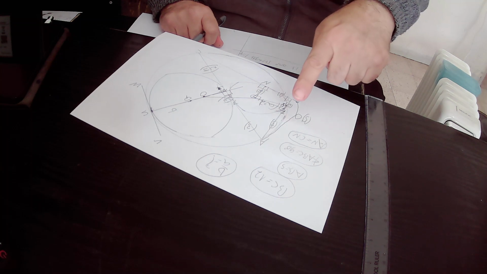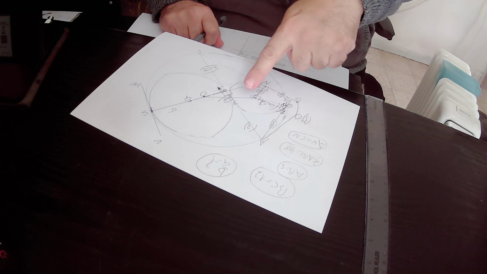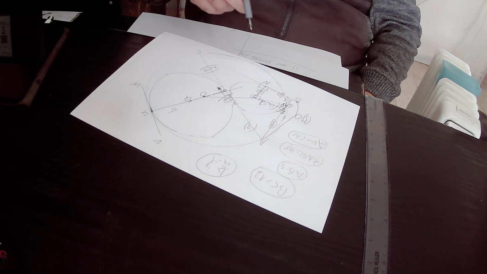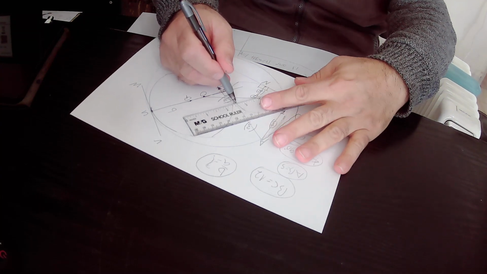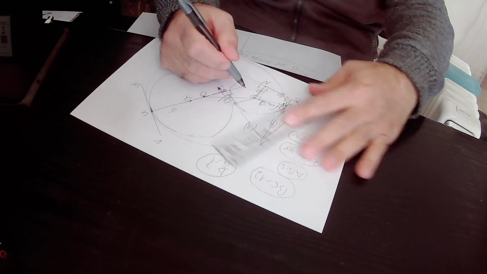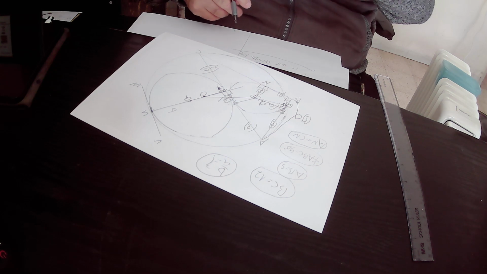We know that AC is tangent to the small circle at point M. Point M is the point of tangency. We join points P and M together by a straight line. Point P is the center of this circle, point M is the point on the circle itself.